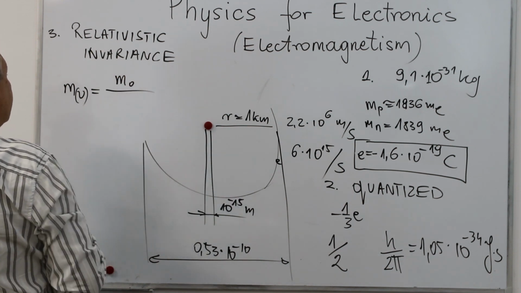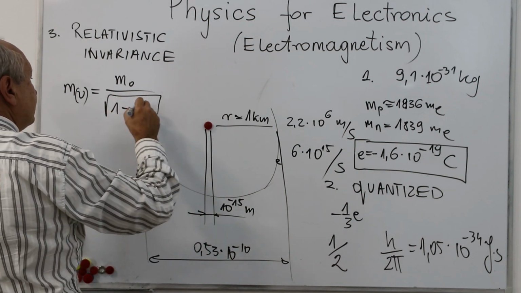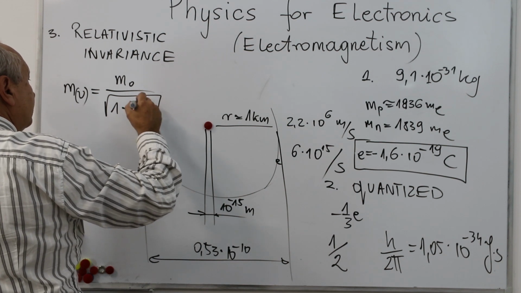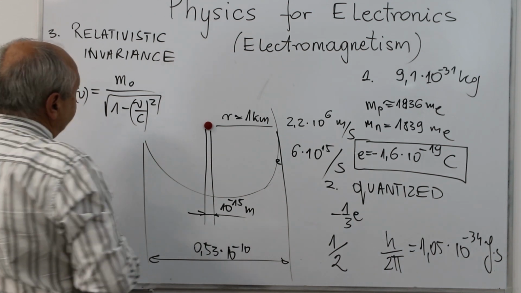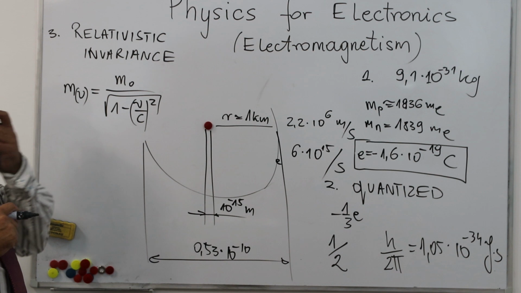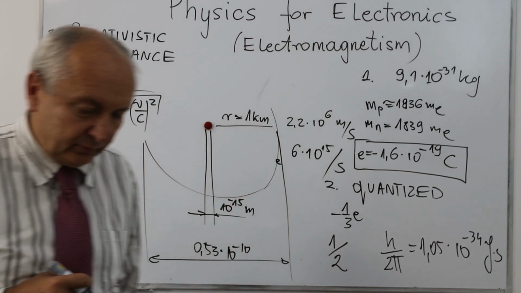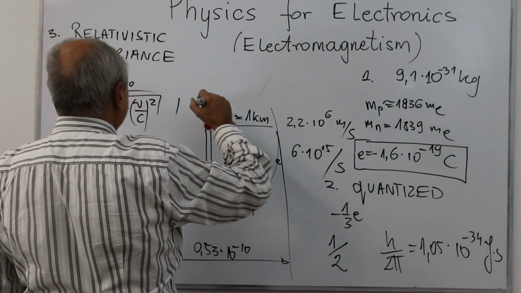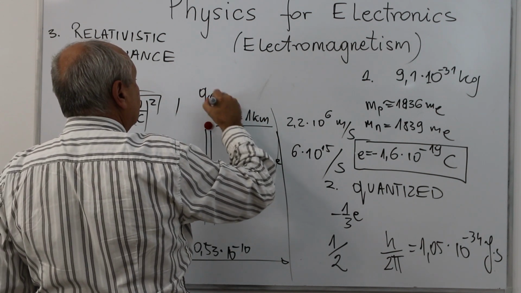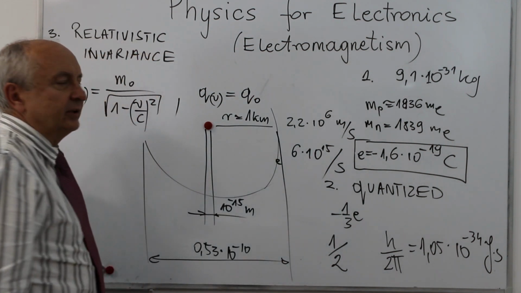This is the standing value of the mass, but if the velocity is going to be close to the velocity of light, the mass is going to be big, to come to infinity. For charge we have that Q, even with very high velocity, is equal to the standing value of the charge.